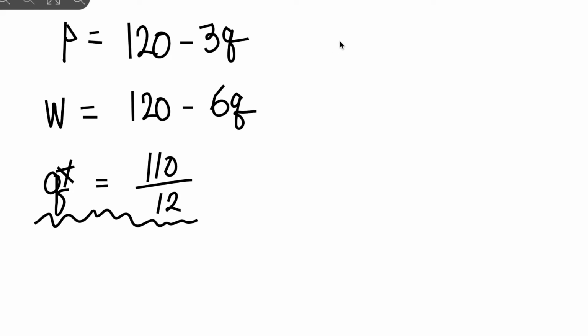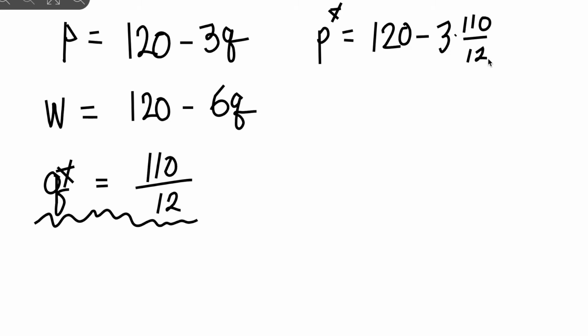So starting with P star. Okay, P star equals 120 minus 3 times 110 over 12, right? So we have 120 minus 110 over 4.